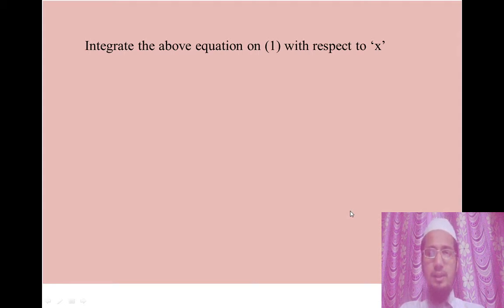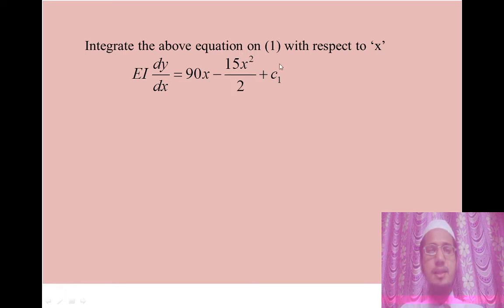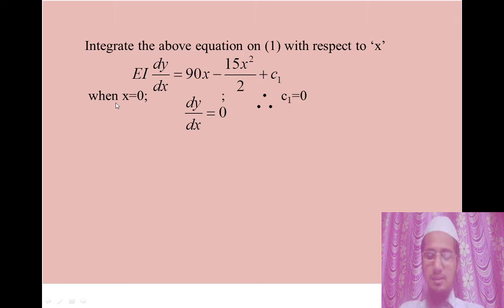Okay, so let's integrate it with respect to x. The above equation 1, we will get EI dy/dx equals 90x minus 15 into x square by 2 plus c1, where c1 is the constant of integration. Now to find this constant, let's consider the support condition.